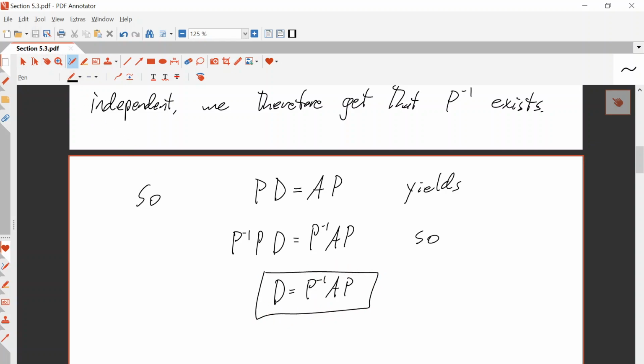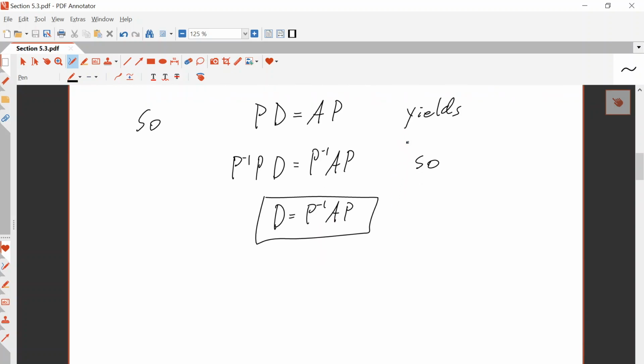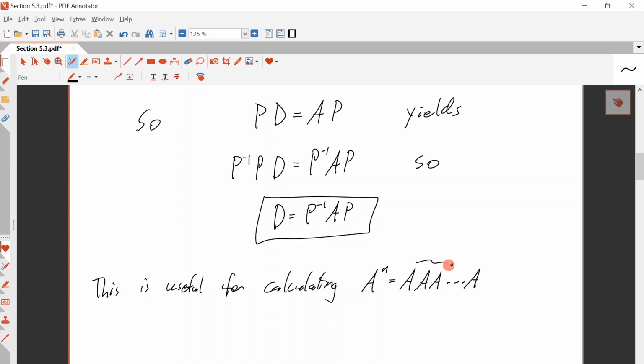And this is a very desirable identity for various reasons, but the most immediate reason is the following. This is useful for calculating the power A to the n, which is equal to A times A times A, n times.